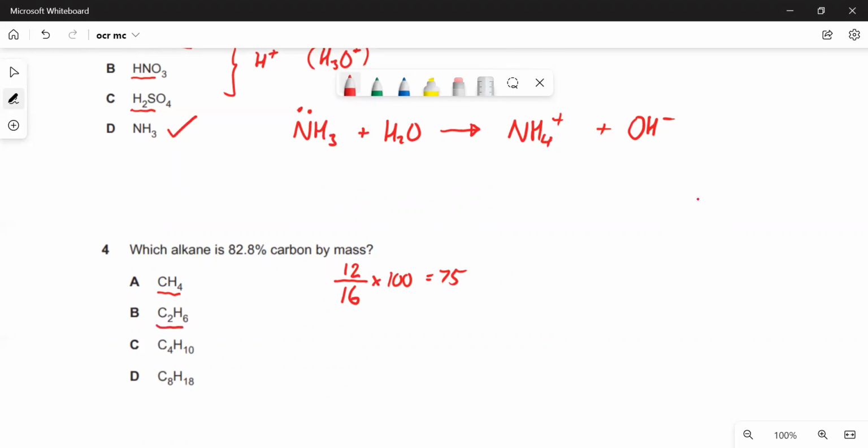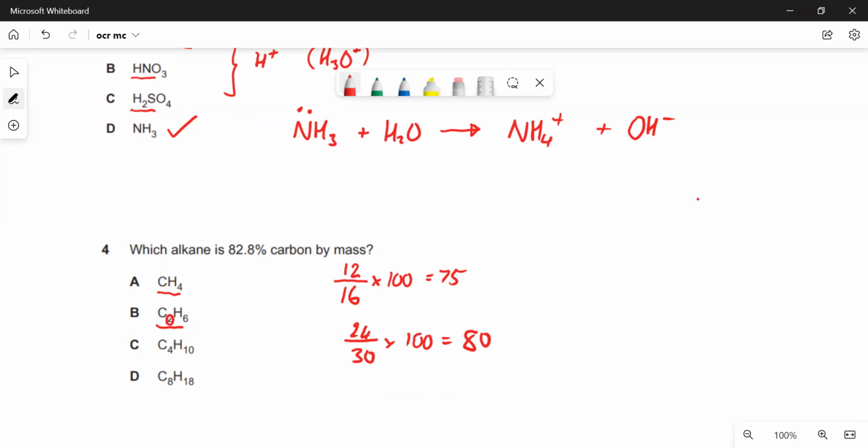Ethane is Mr of 30, and we've got two carbons in there. So 2 times 12, 24 over 30 times 100, that's 80%. So it's not that one. It's probably going to be C. You can see with hydrocarbons, as they get bigger, the proportion of the molecule made up by carbon actually increases.